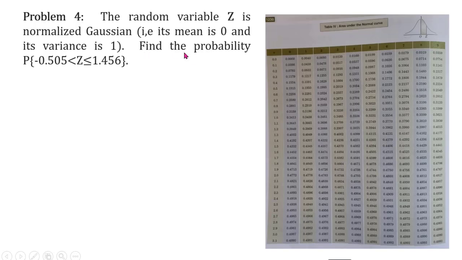Then find the probability of the curve varying from minus 0.505 to 1.456.